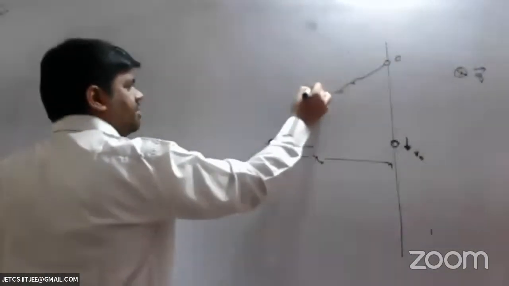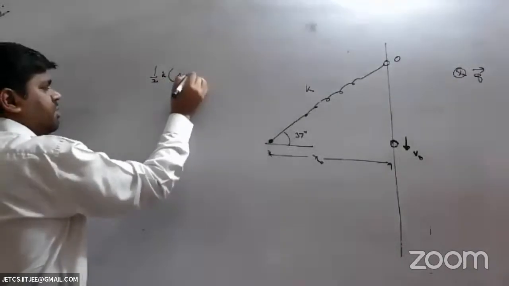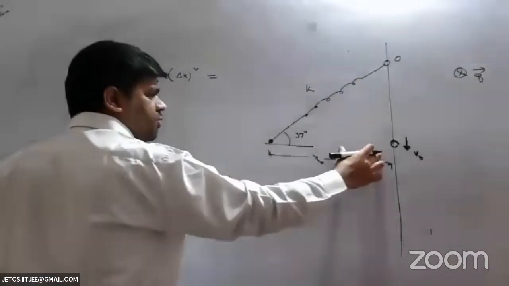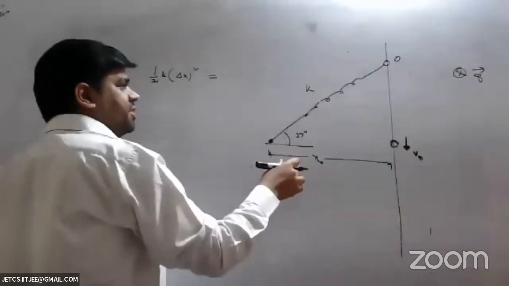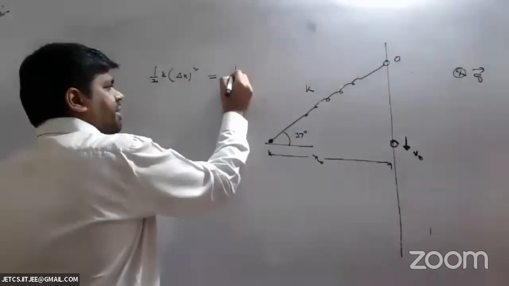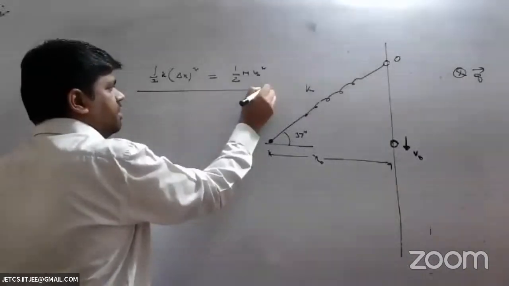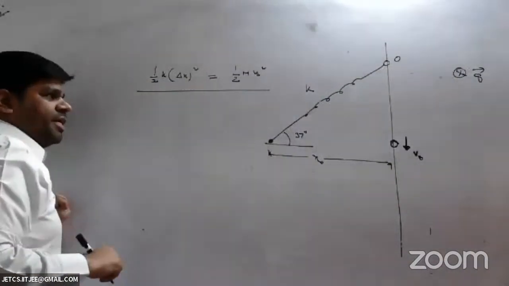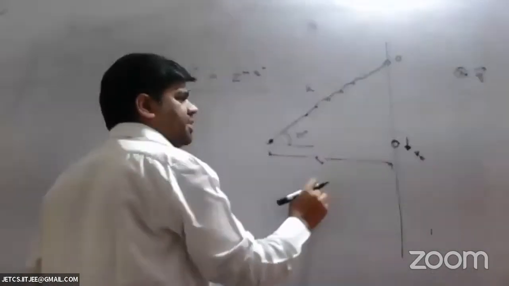Spring constant is k. Half k delta x square is equal to, when the spring comes over here, it's the natural length I said. X naught is the natural length. So potential energy is 0 and kinetic energy is half m V naught square. Right. Now all I have to do is plug in delta x. How will I plug in delta x? Delta x would be this length minus natural length.